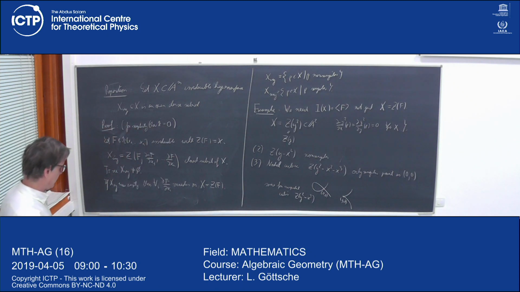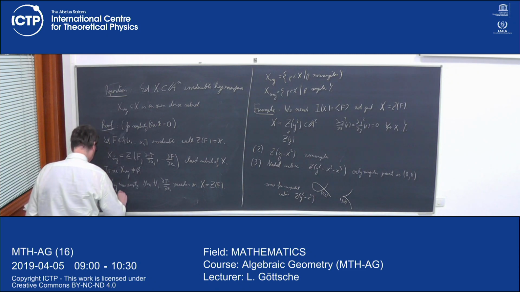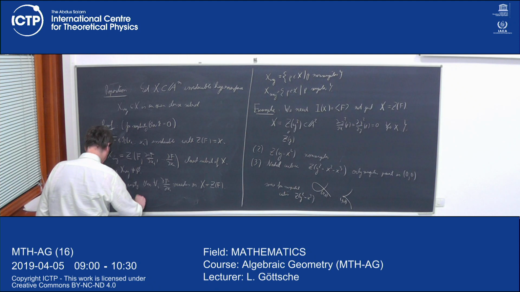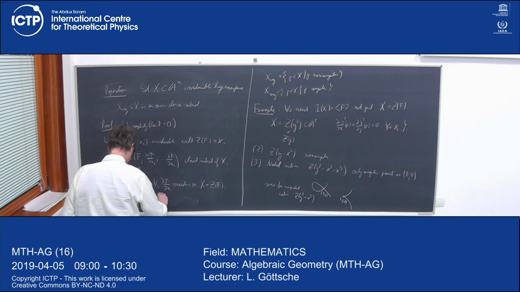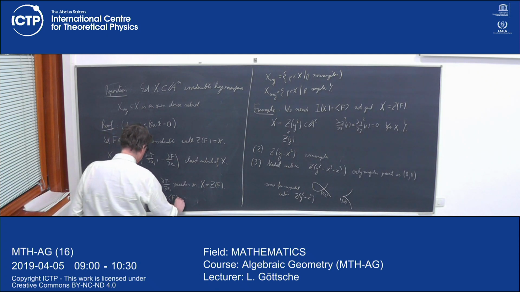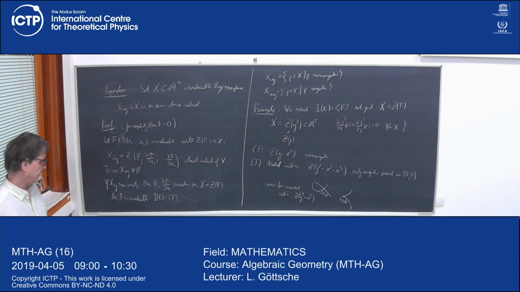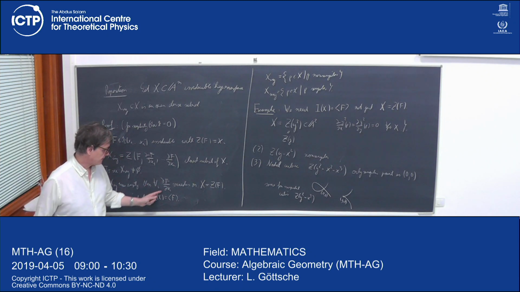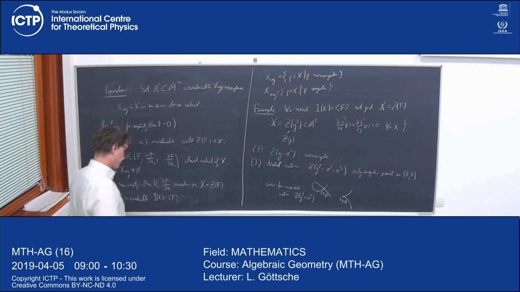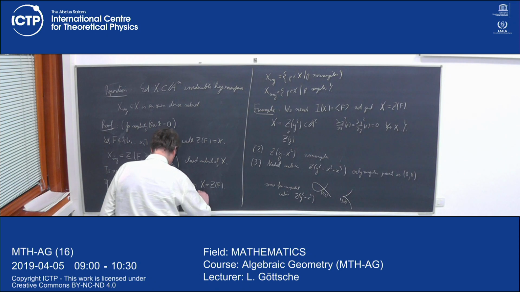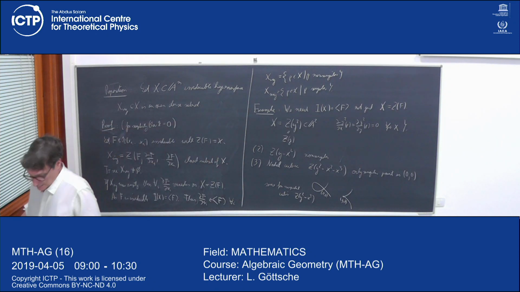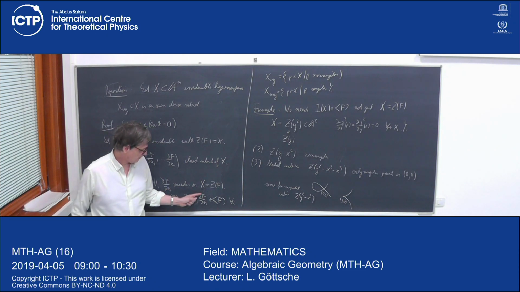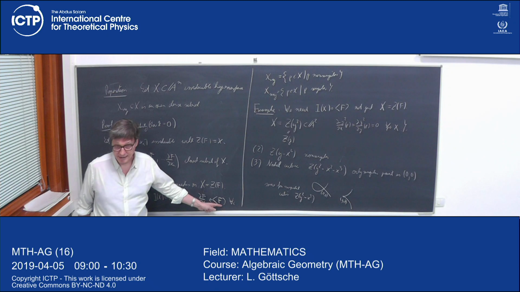And as f is irreducible, we have that the ideal of X is equal to the ideal generated by f. So that means df by dxi lies in the ideal generated by f for all i. But as you can see, the degree of df by dxi is smaller than that of f.